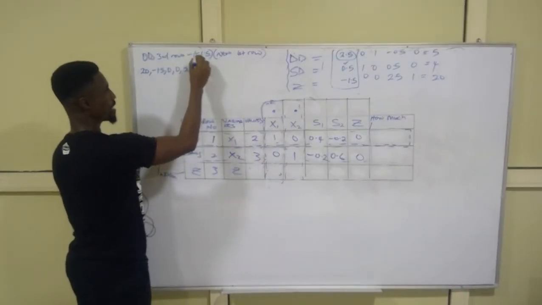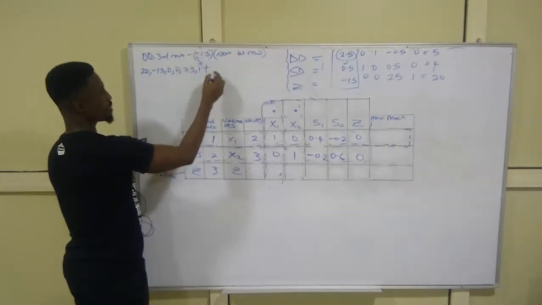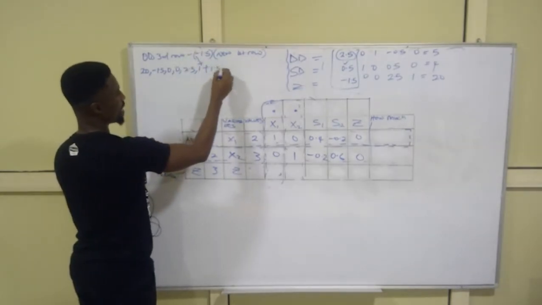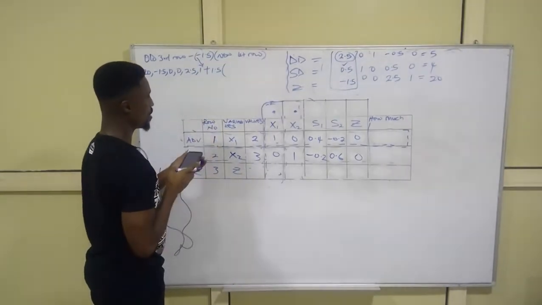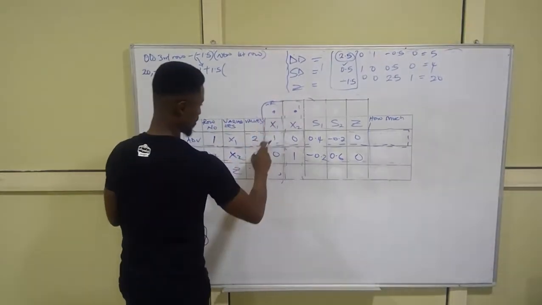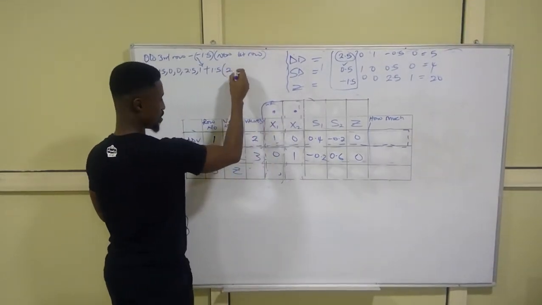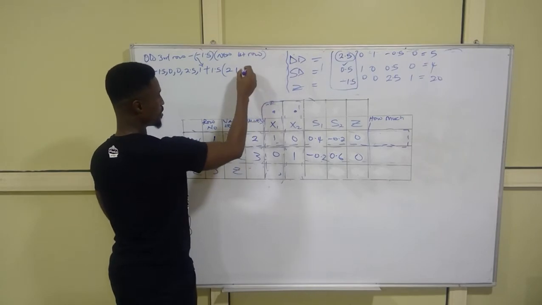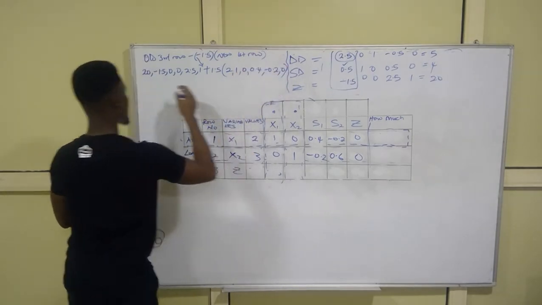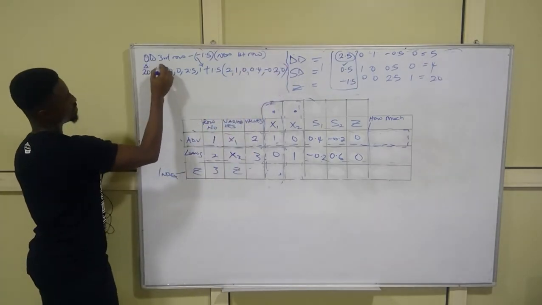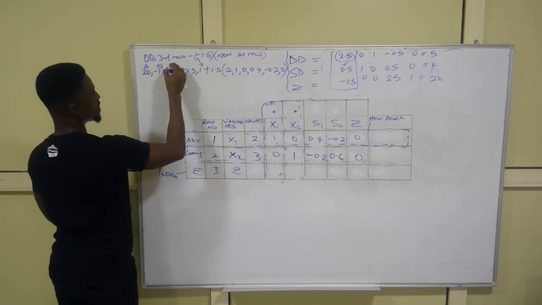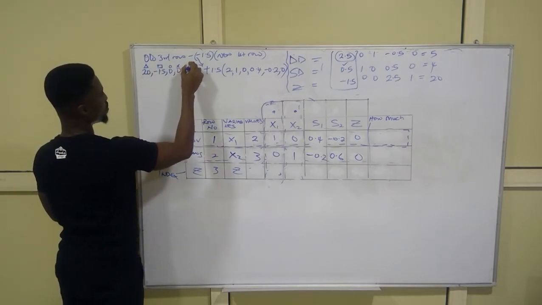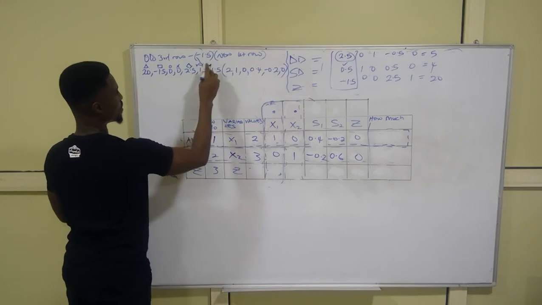So minus times minus becomes plus, and then we have our 1.5 into the new first row. The new first row is giving us 2, 1, 0. So we put our shapes: we have a triangle here, a square, a circle, an X, a rhombus here, and then the good.